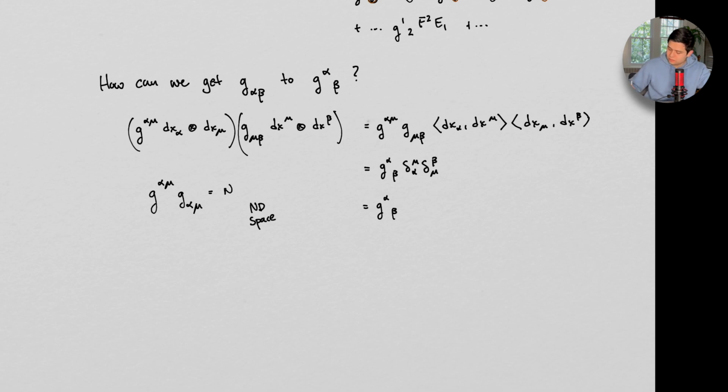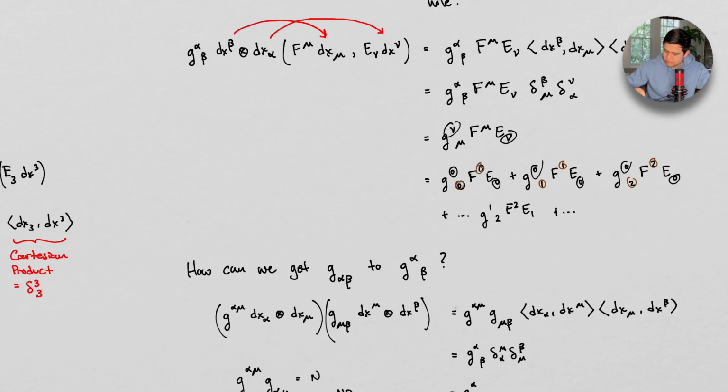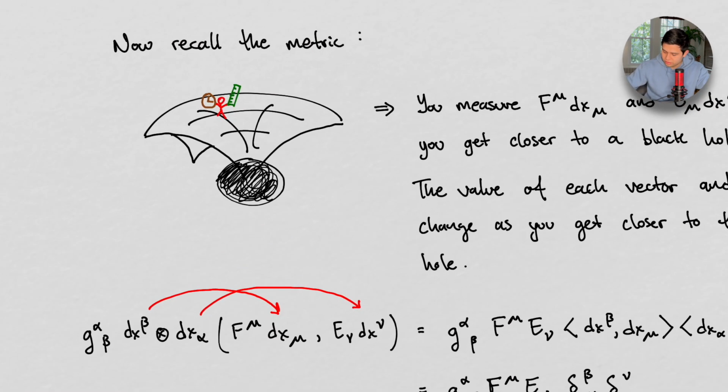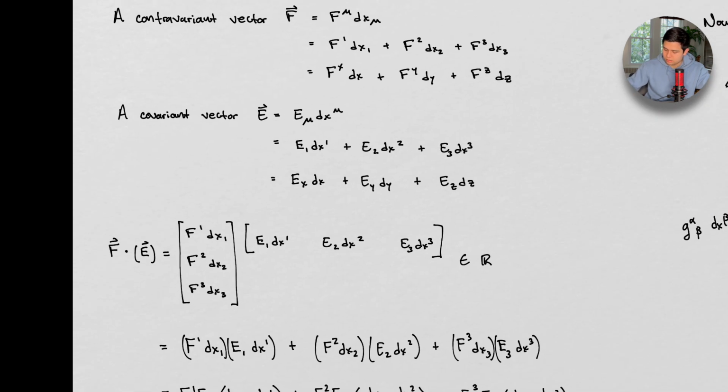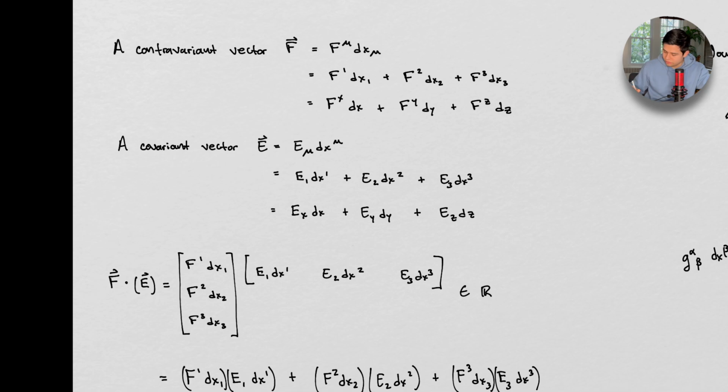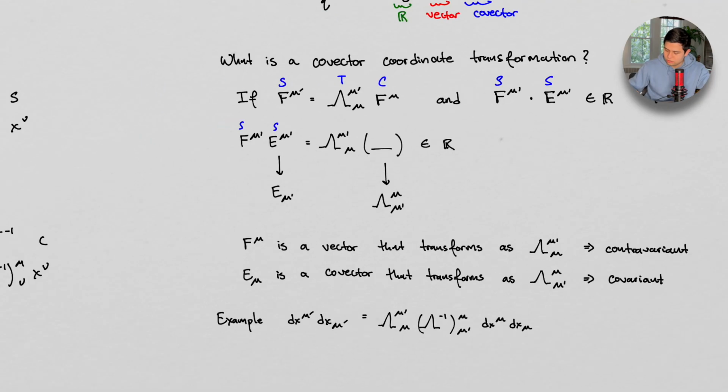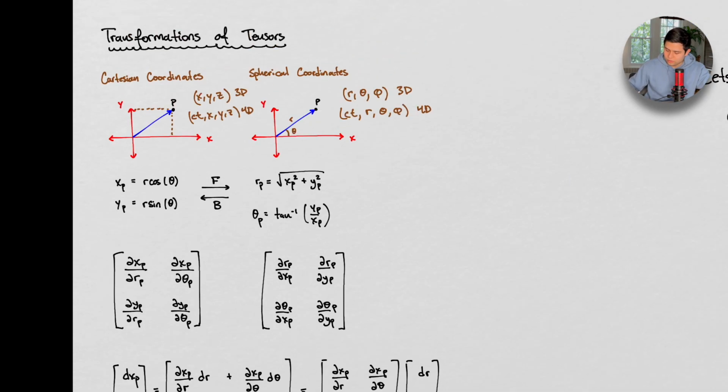All right, so that is the rundown of the metric tensor again, but this time in the context of measuring things on manifolds, okay? And we did a rundown of covectors and transformations as well.